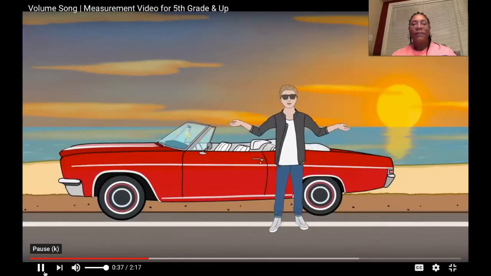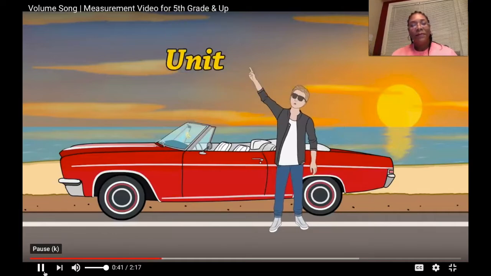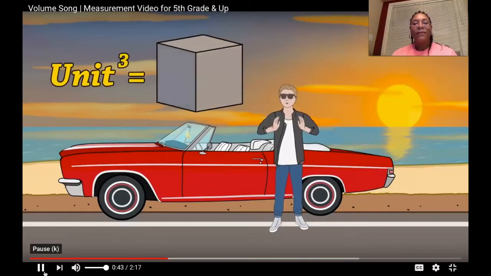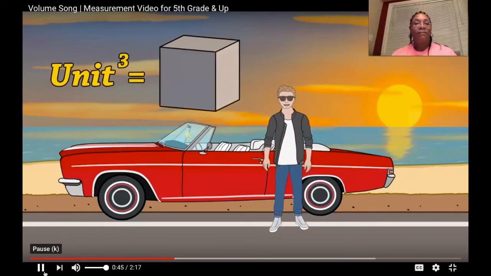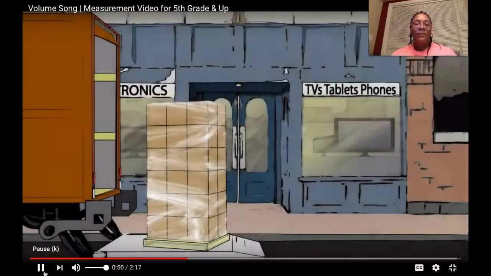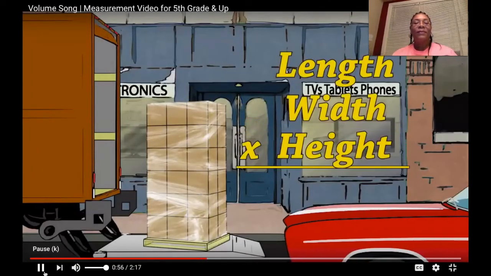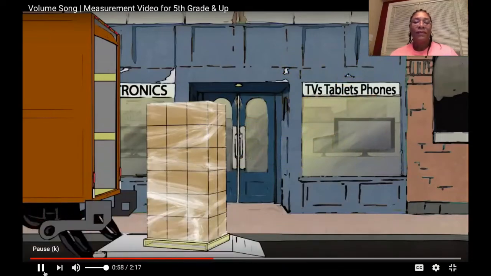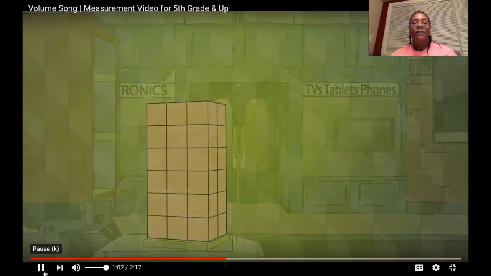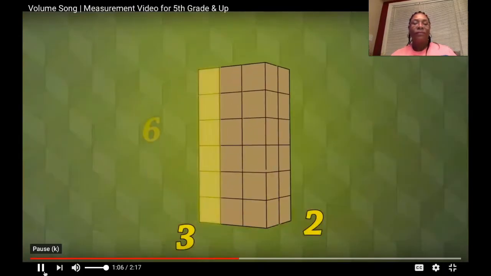When finding volume, don't forget to mention the unit is a cube with 3 dimensions. To get a rectangular prism's volume right, length times width times the height. Cubic units label 3 dimensions when we answer any volume questions. With the dimensions 2, 3, and 6.